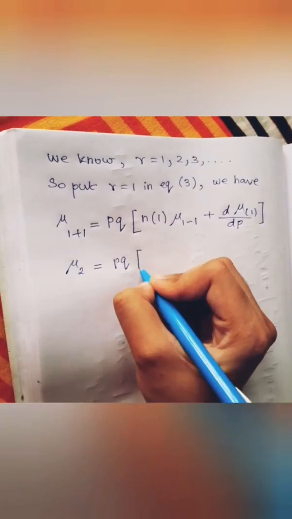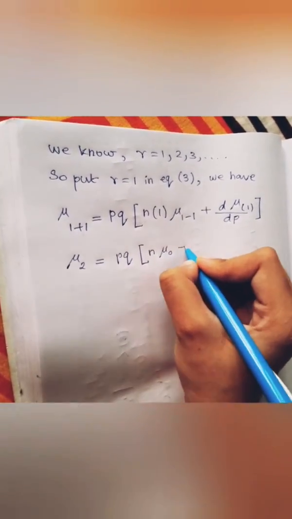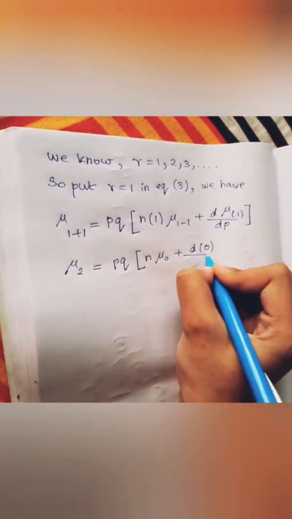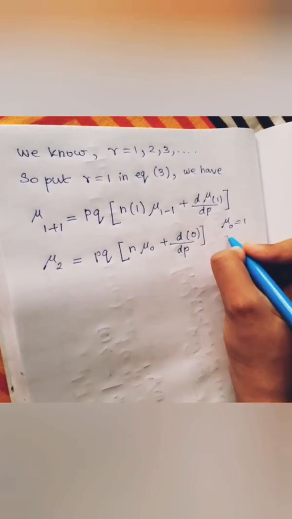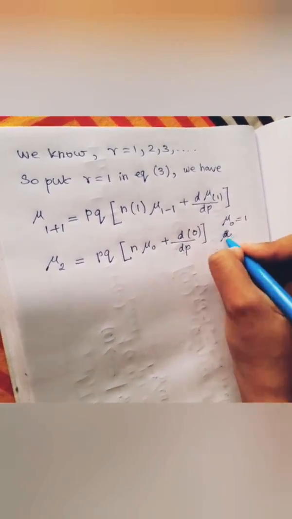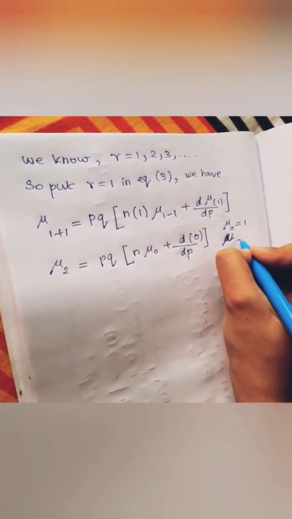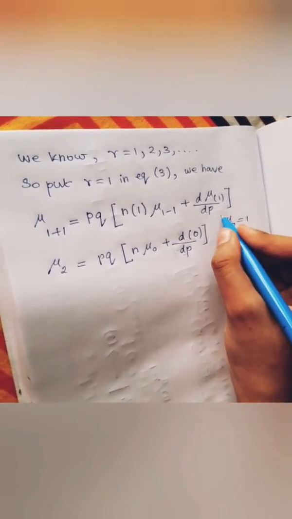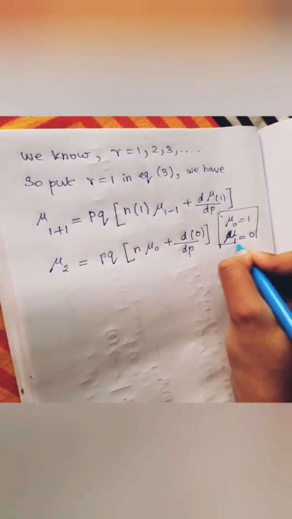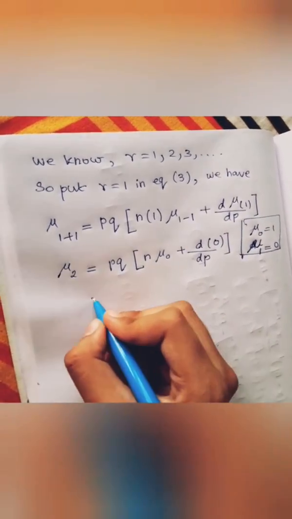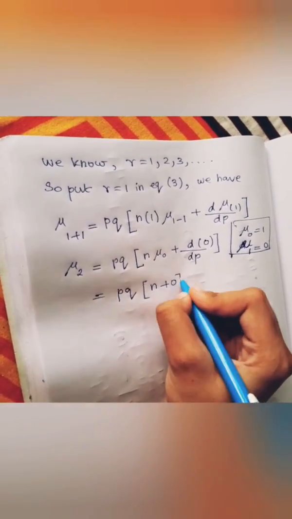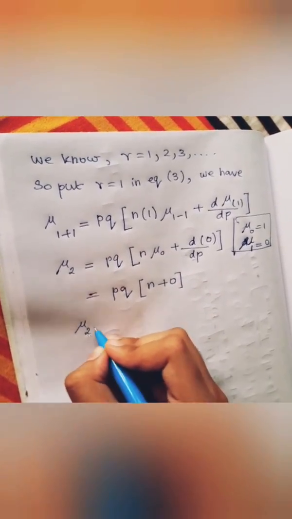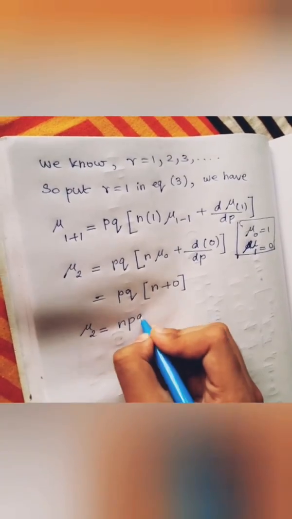So the left hand side becomes mu 2 is equal to pq into n mu naught plus d of 0 divided by dp. Now it becomes pq n into 1 plus 0. Then mu 2 becomes npq.